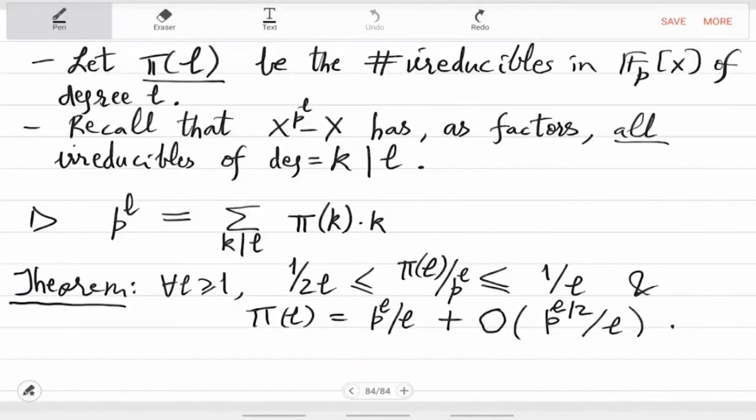So last time we wanted to estimate the number of irreducible polynomials over Fp of degree L, and this estimate is like the prime number theorem.